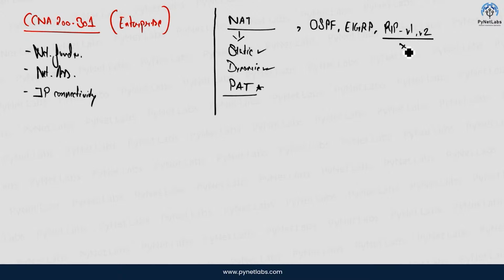But many interviewers can ask you about the difference between version 1 and version 2. So no worries: at PyNet Labs we cover the complete CCNA training, the way a network engineer must understand the topics, even those not in the official blueprint.